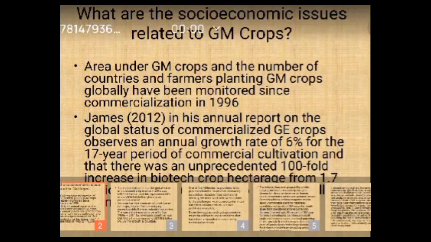According to Clive James in his annual report on the global status of commercialized GM crops, he observes an annual growth rate of 6% for the 17-year period of commercial cultivation, and that there was an unprecedented 100-fold increase in biotech crops from 1.7 million hectares in 1996 to 170.3 million hectares in 2012.